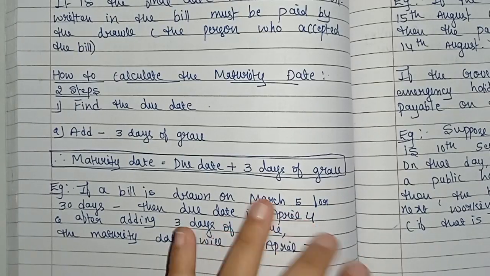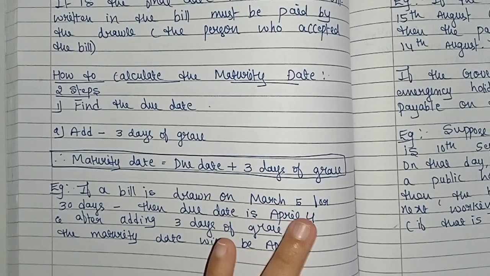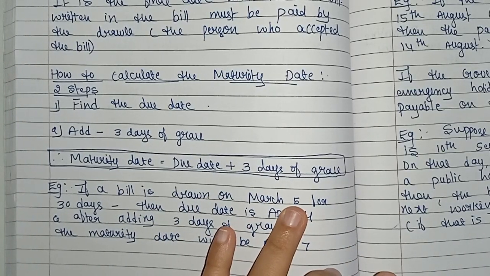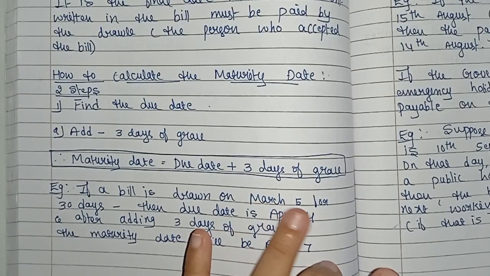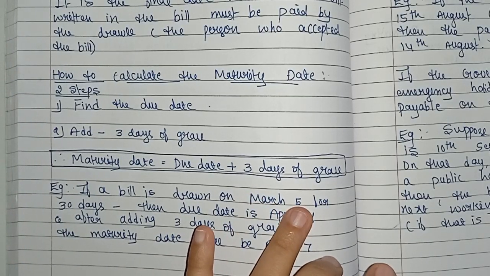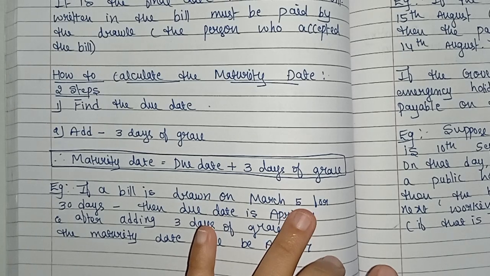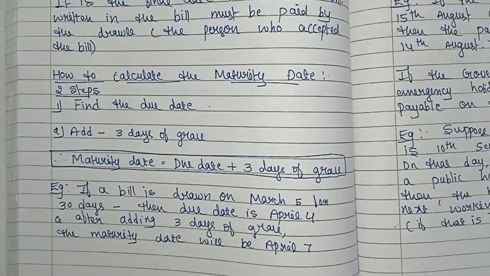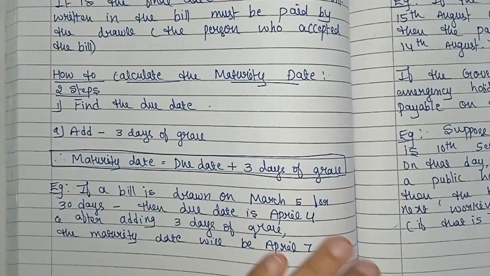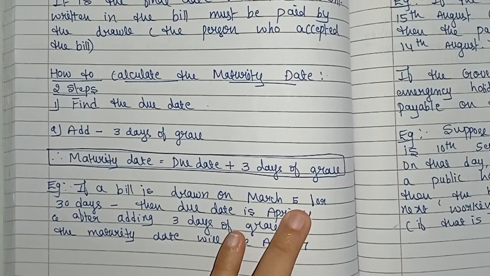Here in our example, the bill is drawn on March 5th. Here you should not include March 5th. Clear? You start counting from the next day, that means from March 6th.